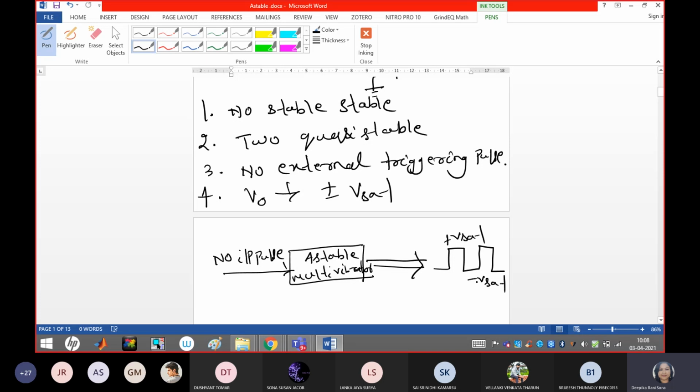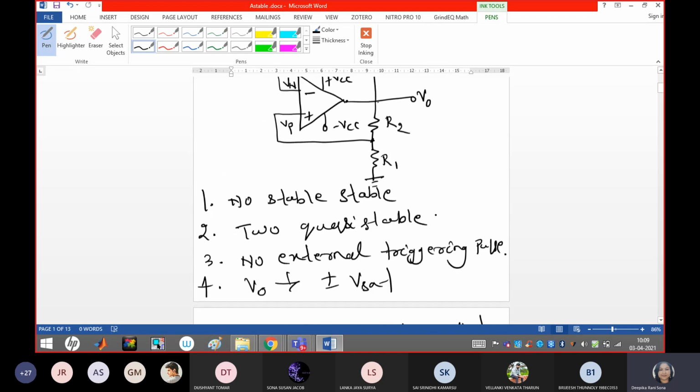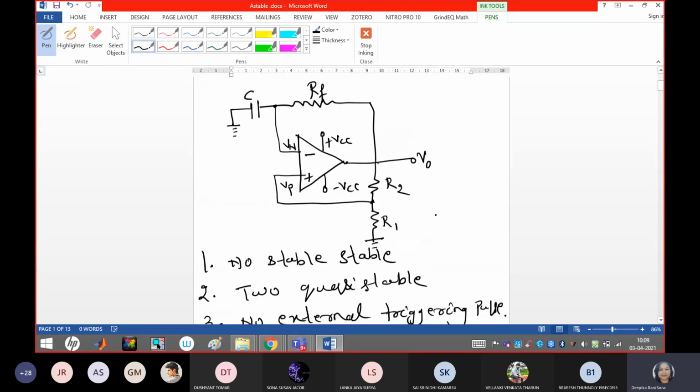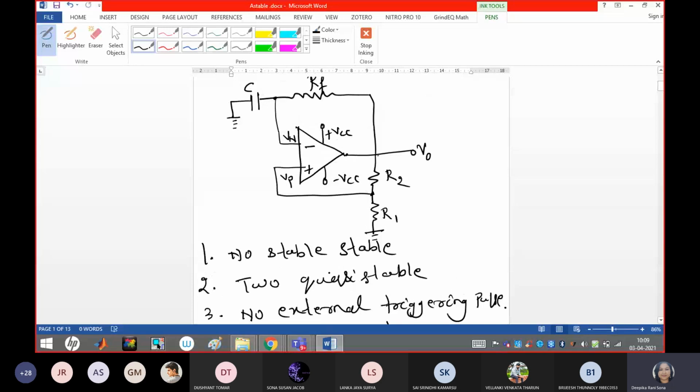So how do we get this? Let's analyze the circuit. From the circuit I'll describe it to you, but for that I need to draw the output waveform. Shall I erase this theoretical part, because simultaneously I have to explain? Guys, what are you saying?